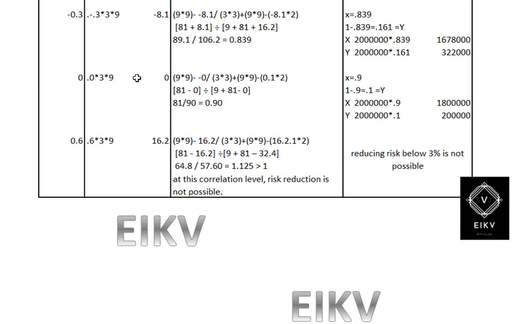If the correlation coefficient is 0, then the covariance of XY would be 0 into 3 into 9, which is 0.